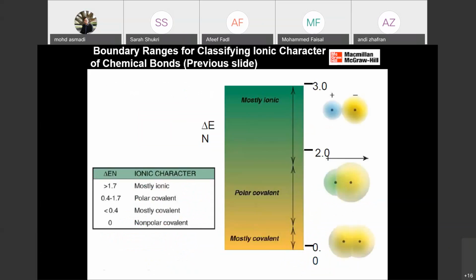If you look at here, polar covalent is mostly covalent, and mostly ionic, but can be mixed bonding if the ionic character is higher or the electronegativity difference is higher. So you have to remember this one. Any question about the primary bonds before we move to the secondary bonds?